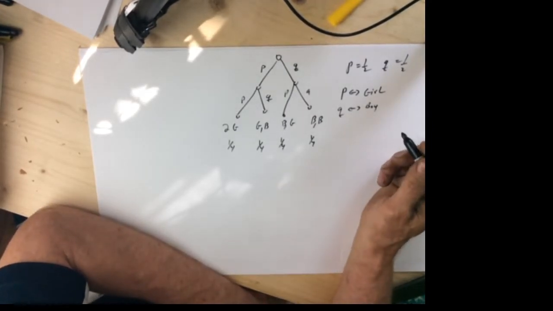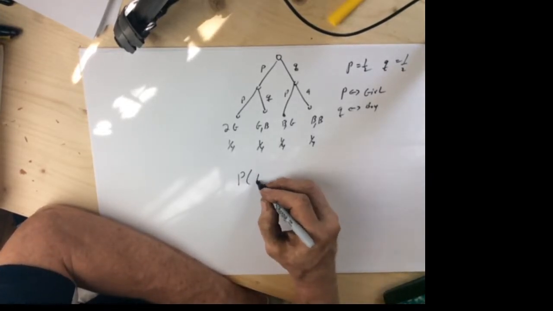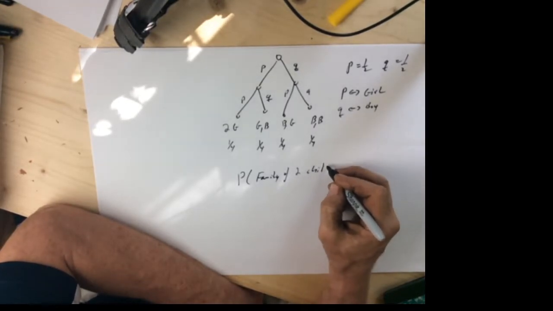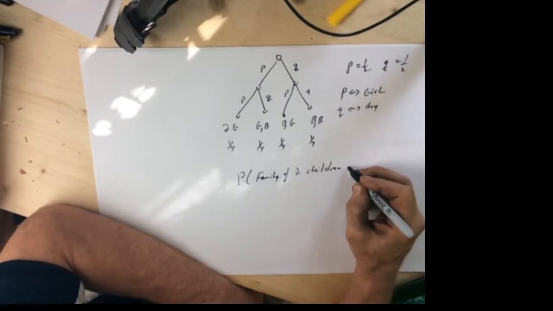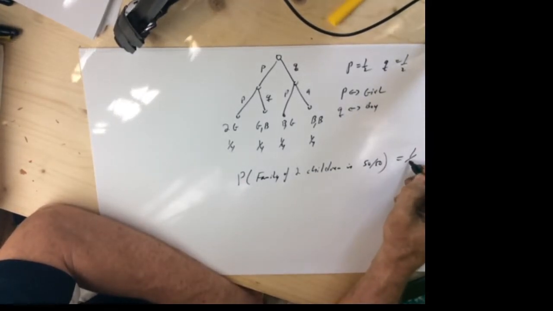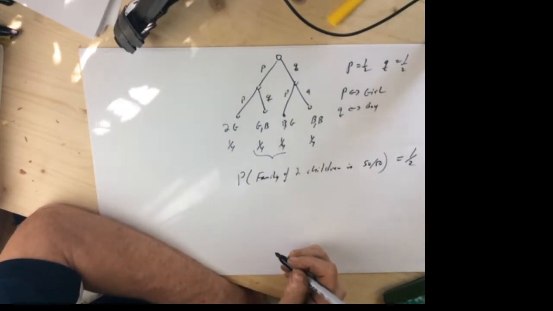But using this Bernoulli, we can ask a question like, what's the probability a family of two children is 50-50? Well, that's going to be a half. It'll be the sum of these two probabilities.